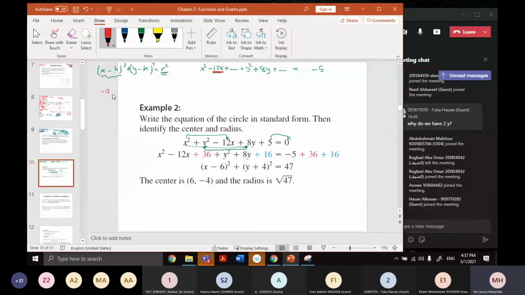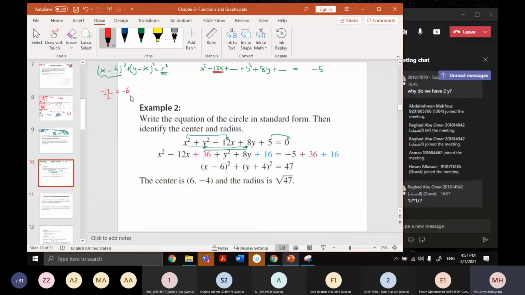So minus 12 divided over 2 is equal to minus 6. So minus 6 squared, correct? The value I need to add is minus 6 squared, which is 36. So I add here 36. But now I changed it, the equality will not hold. To keep it, I have to add to the other hand also 36.